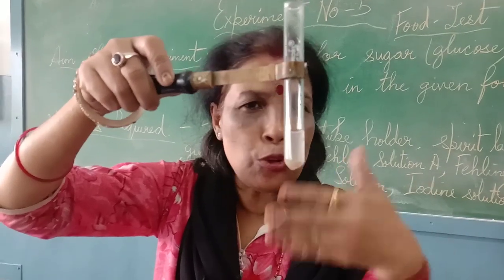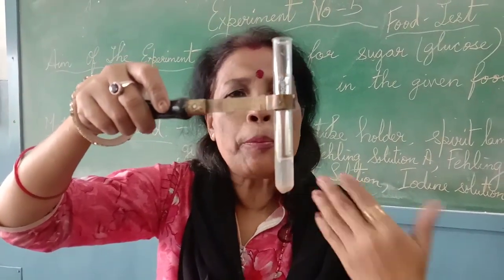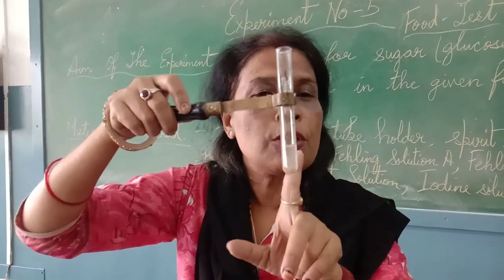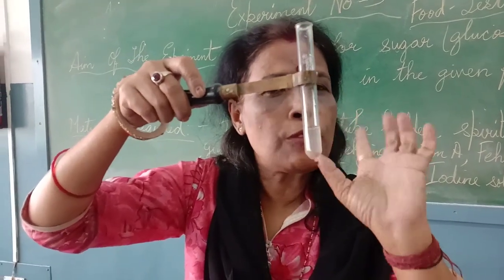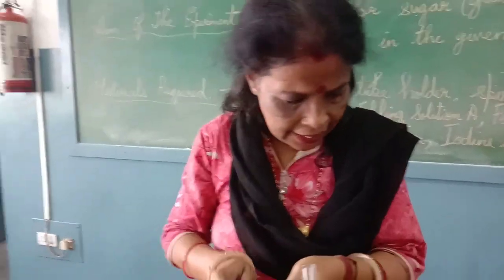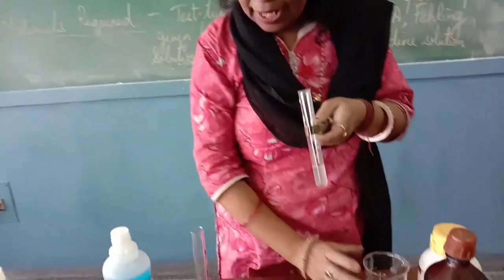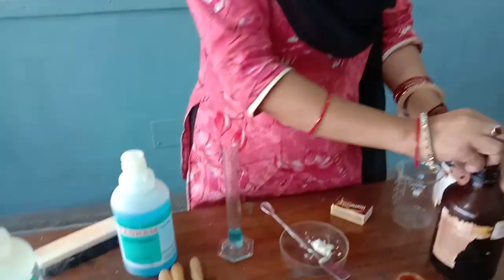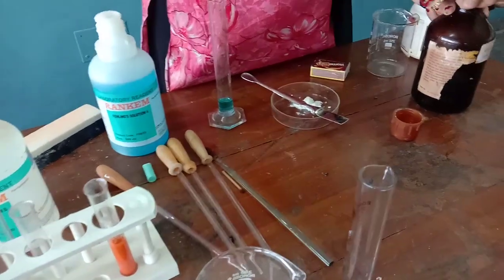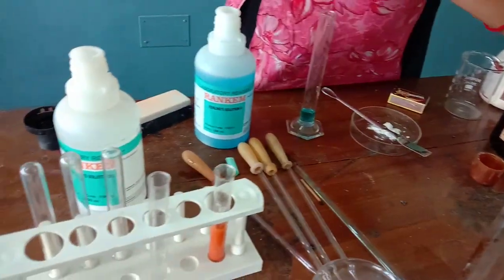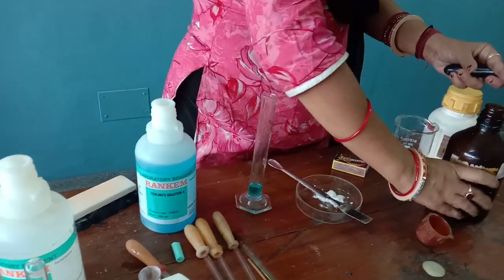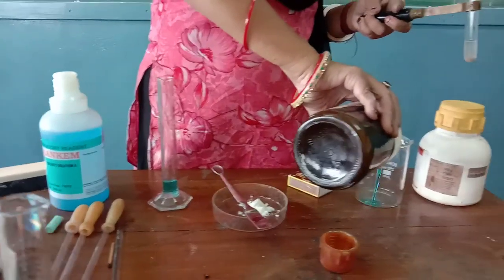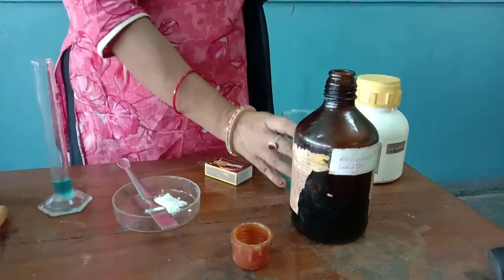I don't know whether glucose, starch or protein is present, but we are going to do the first test, that is whether glucose is present or not. 2 ml of the food sample solution is taken and then to it I am adding Benedict's solution, around 2 ml.